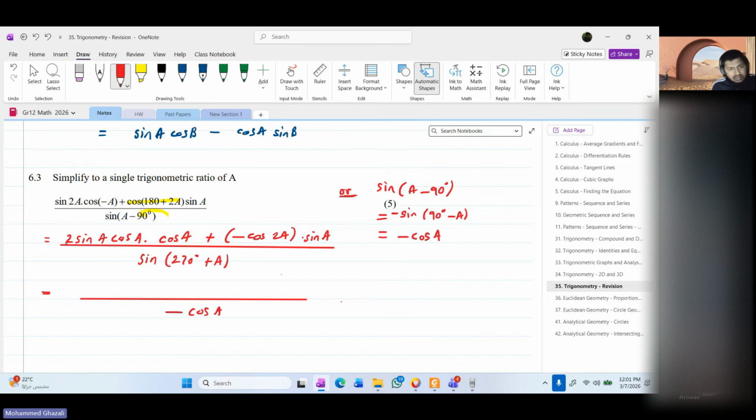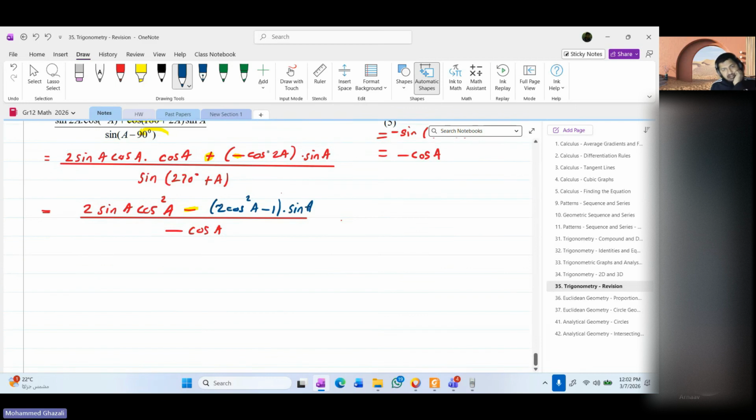Let's do the top. This is 2 sine a cos squared a minus. Now, because I've got cos squared here, it makes sense to put the cos 2a in terms of cos. Remember, negative and positive, I've already changed to minus here. Now, cos 2a is 2 cos squared a minus 1 times sine a.